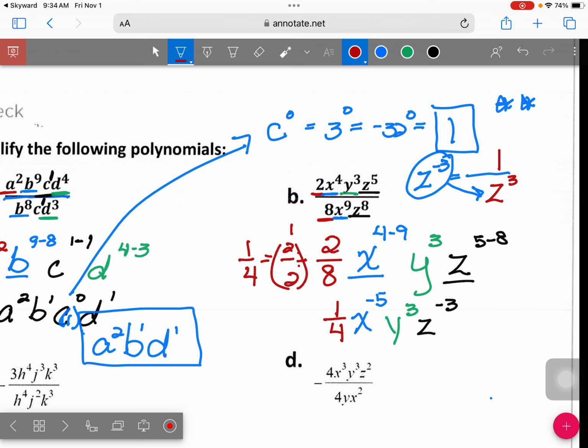So a negative exponent moves your power to the opposite part of your fraction. Because if it was down in the denominator, you would move it to the numerator. Here, it's in the top part, and so you move it down.